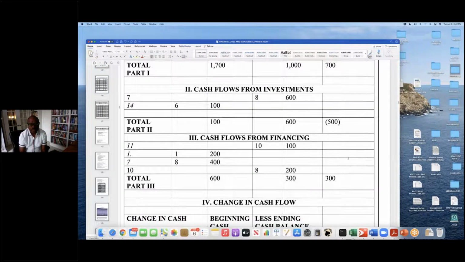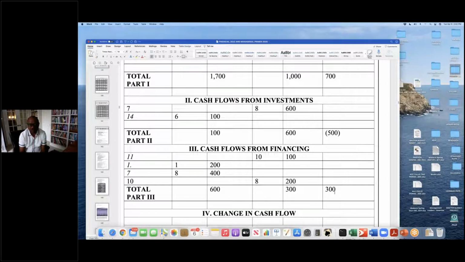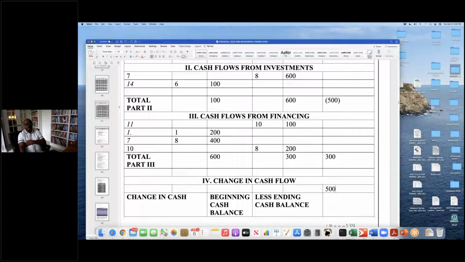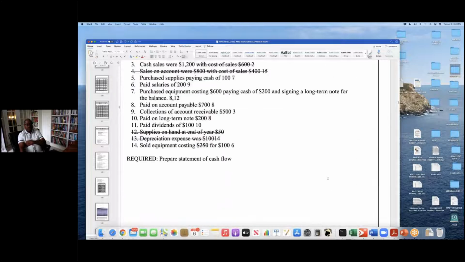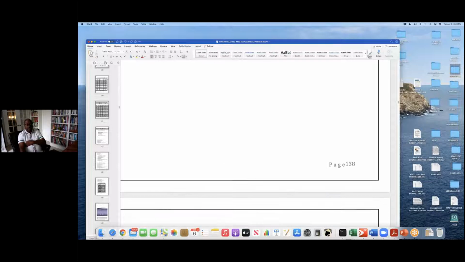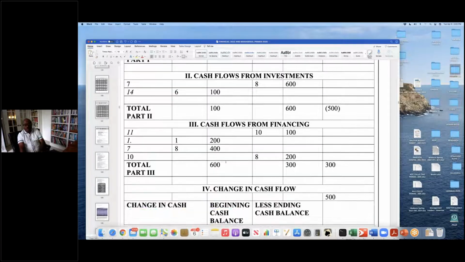Based on this analysis, 700 minus 500 plus 300 gives us a change in cash of 500. And that should be the amount in the cash account. So in that T account for cash, you should have an ending balance of 500. If you journalize and post all these transactions, the balance should be $500.